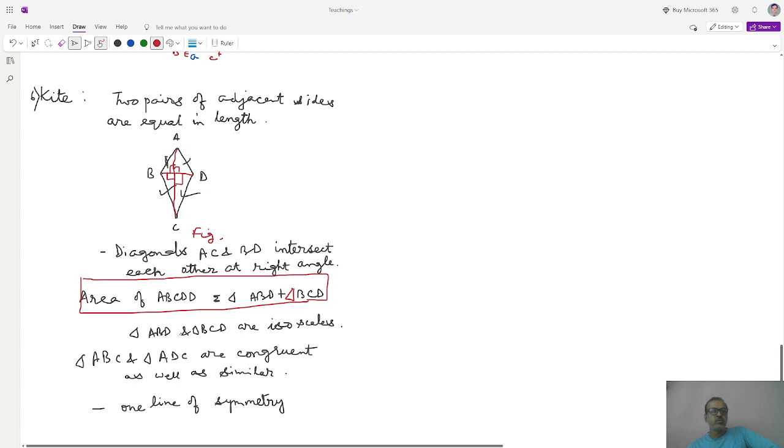And we get only one line, that is AC, which is the symmetrical line for kite ABCD. If we fold along AC, then half of the diagram will superimpose on the other half of this diagram. So AC is the symmetrical line.